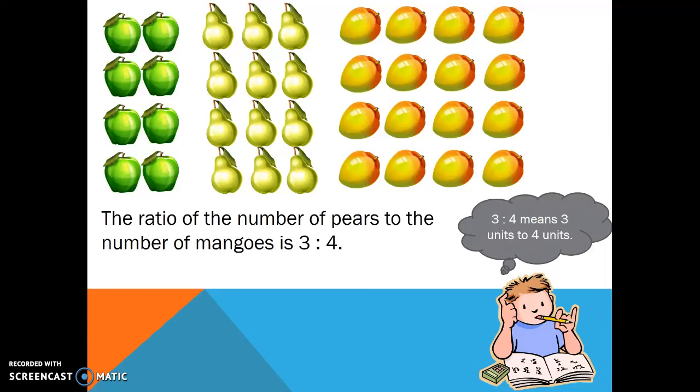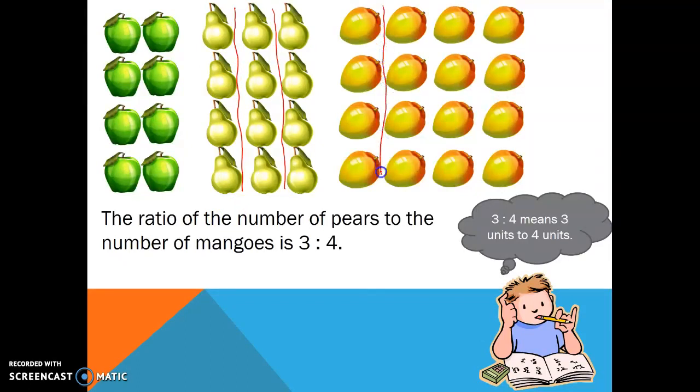So what we're doing now is talking about units, and we're not talking about individual items. So let's look at units of pears. If I look at the rows of pears, I can see that I have 3 rows. I actually have 3 units of 4 pears each, but we're going to call that 3 units.